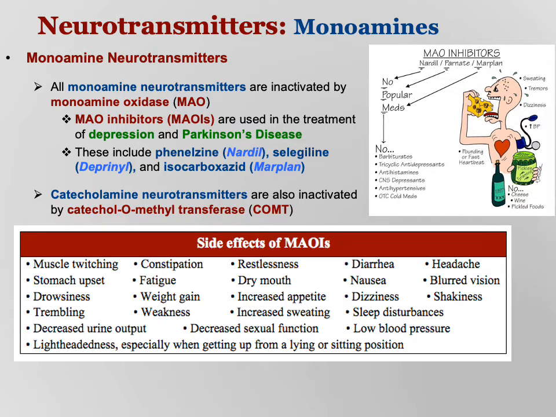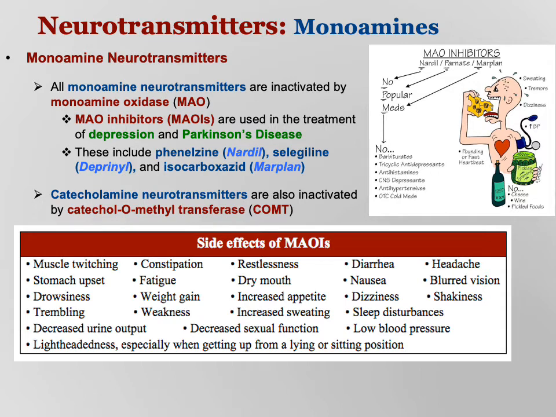Notice in the upper right, you've got MAO inhibitors. This is from a nursing textbook. Some popular meds: Nardil, Parnate, Marplan. When somebody takes MAOIs, they can't take any barbiturates, no tricyclic antidepressants, no antihistamines, no CNS depressants, and so on, because you get powerful interactions.